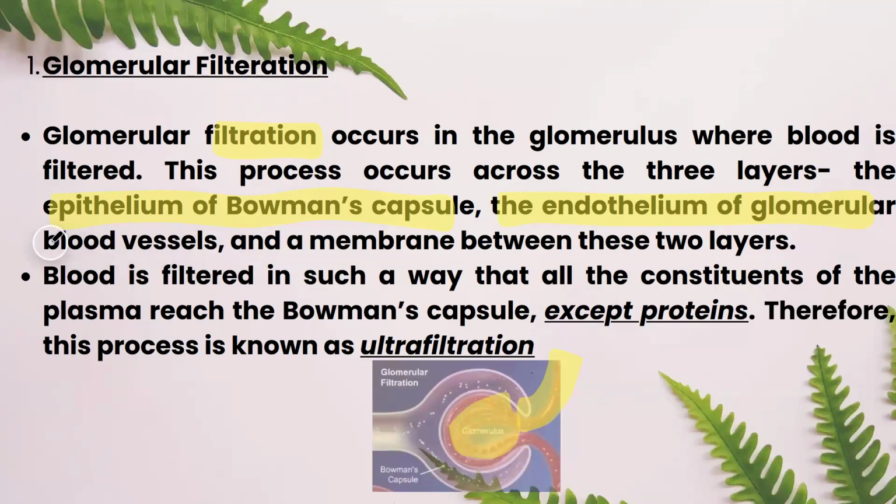Like the endothelium of the glomerulus blood vessels. Third one, the membrane between these two layers. So the process occurs across three layers: the epithelium of the Bowman's capsule, the endothelium of the glomerulus blood vessels, and the membrane between these two layers, the three cross layers.